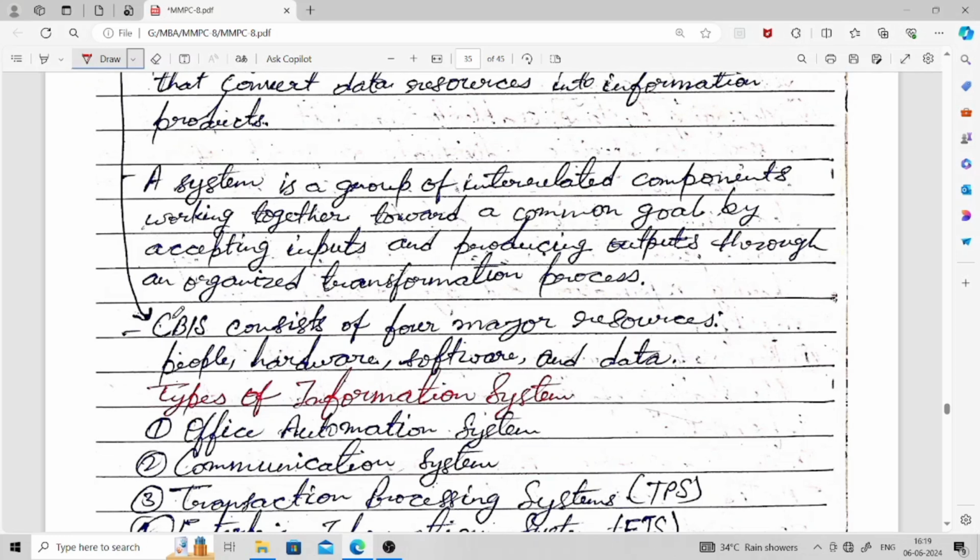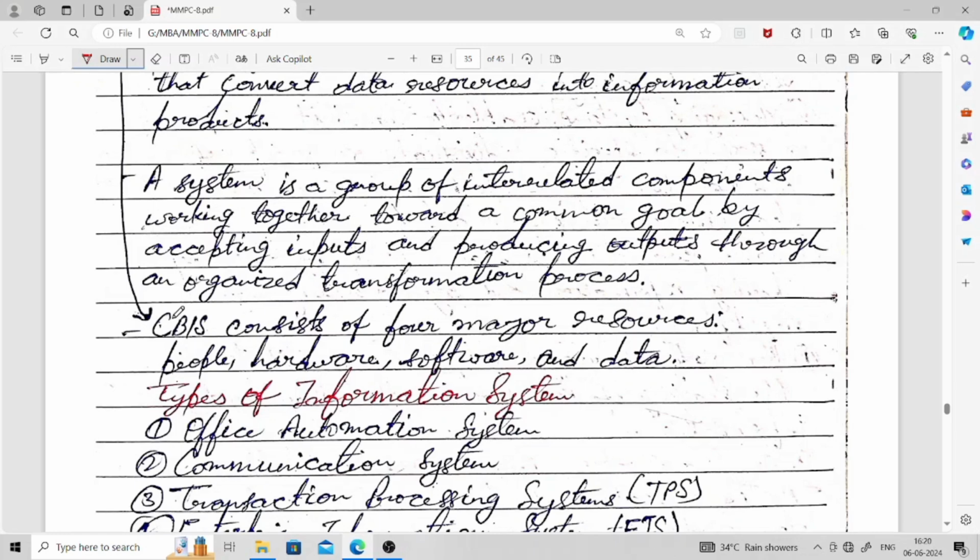It means a system takes inputs and then by doing some kind of process we get the outputs through an organized transformation process. A system converts inputs into outputs.